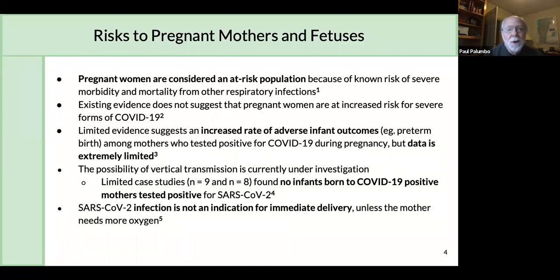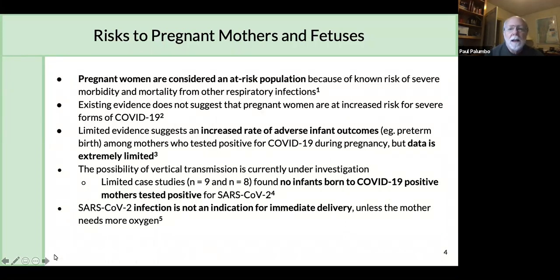However, the current existing evidence does not suggest that pregnant women are at increased risk from COVID-19, so that the data we do have at hand suggests pregnant women experience similar symptoms and outcomes to non-pregnant women.